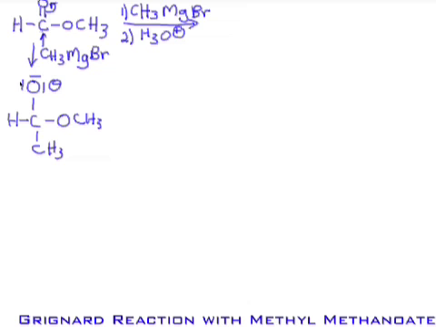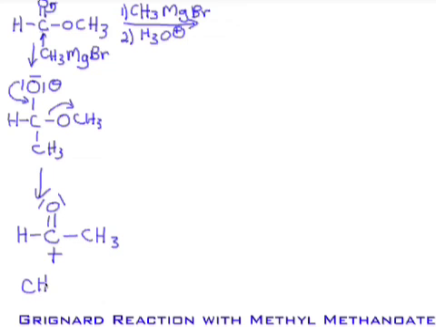And yet, what I'm going to do is bring a lone pair back in to reform the pi bond and kick out OCH3-. And so what we have to do is essentially explain why that happens. So I've made a pi bond here. I'm going to move this methyl up to the side. So this is the methyl that came from my Grignard. And what got kicked out is the methyl O-.